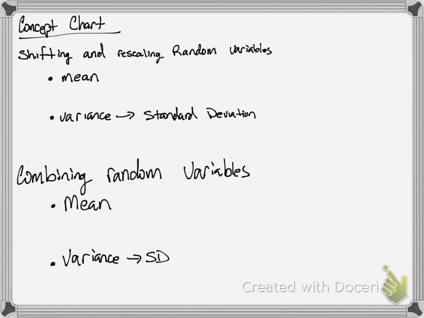Alright, I want you guys to go ahead, pause the video, and pull out your concept chart. We're going to be looking at shifting and rescaling random variables. Whenever we shift our random variable, for aX plus b, the mean is equal to our scalar multiplied times our expected value plus our constant.